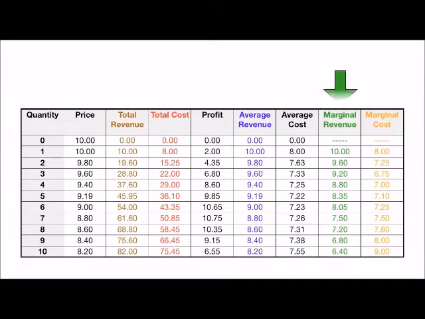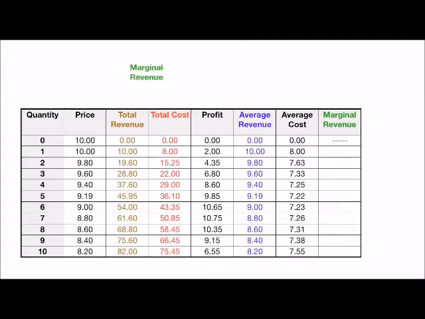Now I'm going to calculate marginal revenue and marginal cost. Those calculations are slightly different than what you've probably seen before. Marginal revenue is equal to the change in total revenue due to some change in quantity. When quantity goes from 0 to 1, total revenue goes from 0 to 10.